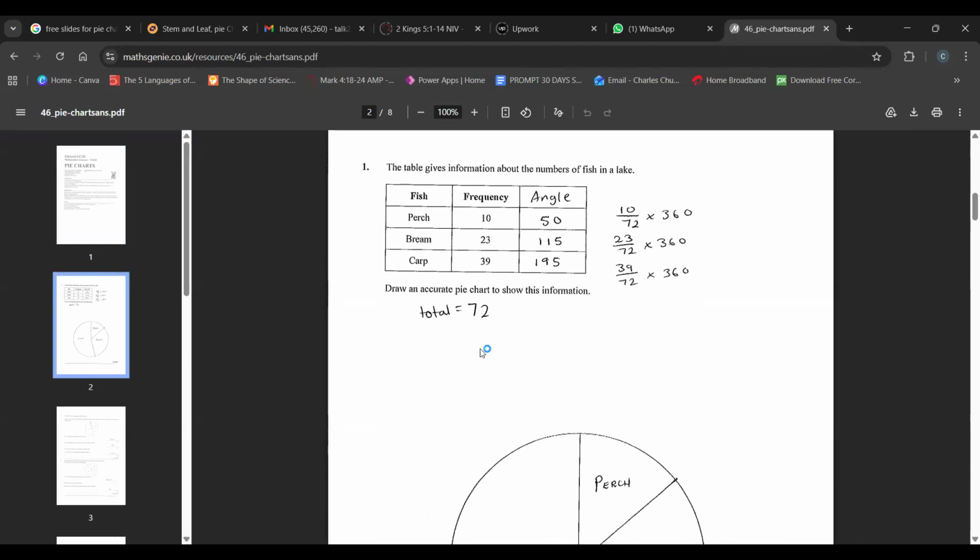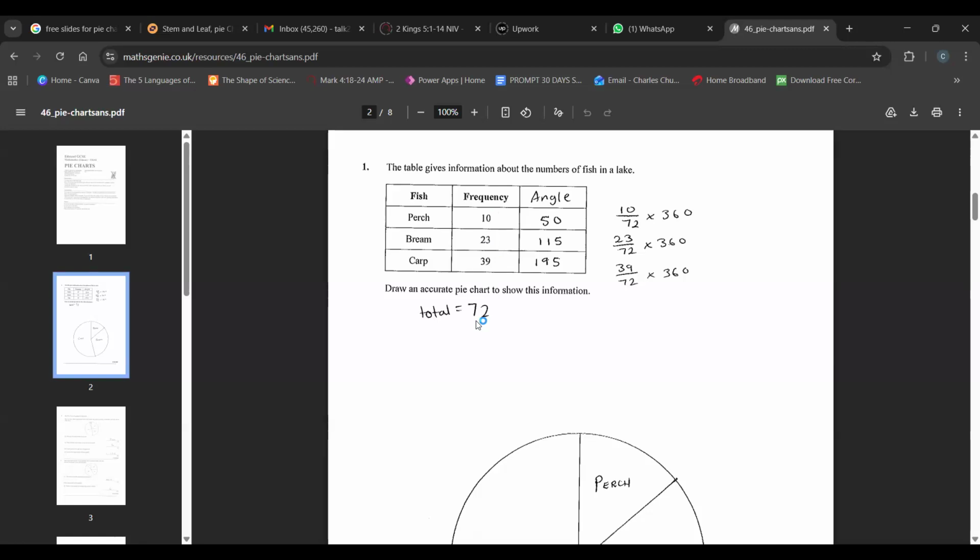The link between pizza and the angles. So the question now is how do we get the angles? Really, most of the time you will be given the frequency and then you will have to look for the angles. So the first thing you will do is what you did before, add up the numbers. First things first, you add up the 10, 23, and 39, you will get 72, right?